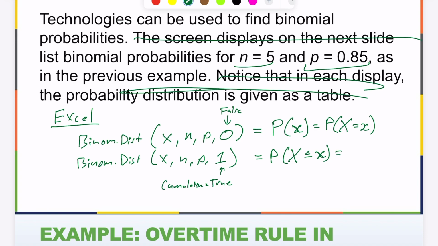And this also you'll see equals the sum from i equals 0 all the way up to little x of P of i. It's the sum of all the ones that came before it. That's what the cumulative gives you. Sometimes you'll want cumulative and sometimes you won't. Okay, this is very important.